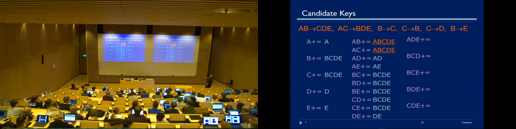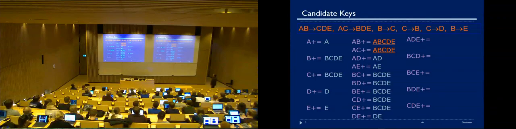Why? Because we know that these are already super keys. So we are not worried about anything that includes those 2 as a subset, but we care about everything else. And so we have 5 combinations to worry about. How do we construct these 5 combinations? Well, we look at all the attributes that we have, and we try to create combinations that don't include A with B or A and C, and that's what we got.